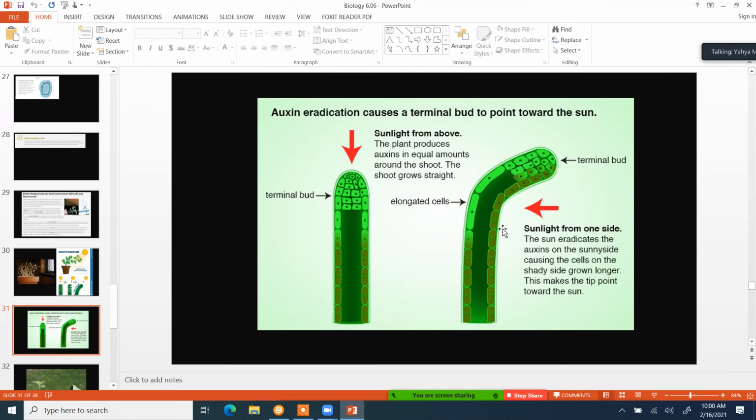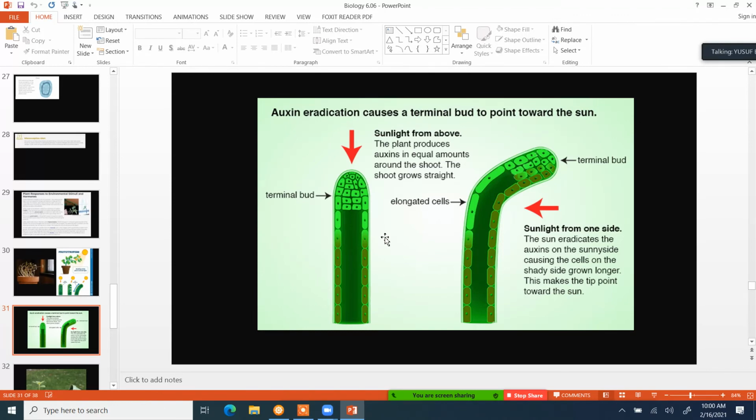The other side keeps growing because of the auxin, but that side doesn't grow. So the plant starts to curve because one side is growing more than the other, and the plant bends towards the light. Does that make sense?